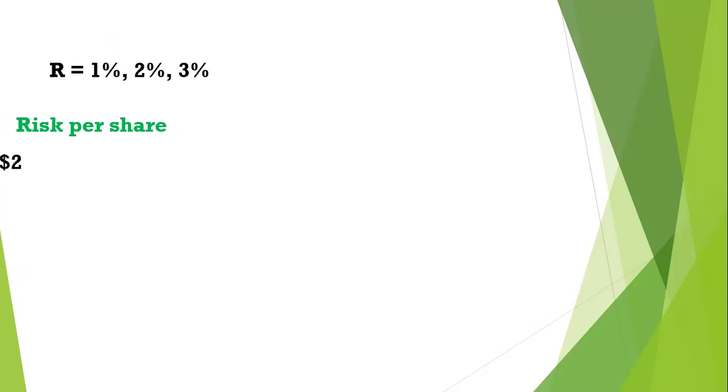Let's say you have your capital, and on this capital you will decide how much you are willing to lose per trade. So you have to decide the risk per trade, then decide the risk per share, and then you will calculate your reward. If you have a capital of $2,000, how much are you willing to lose per trade? Is it 1%?